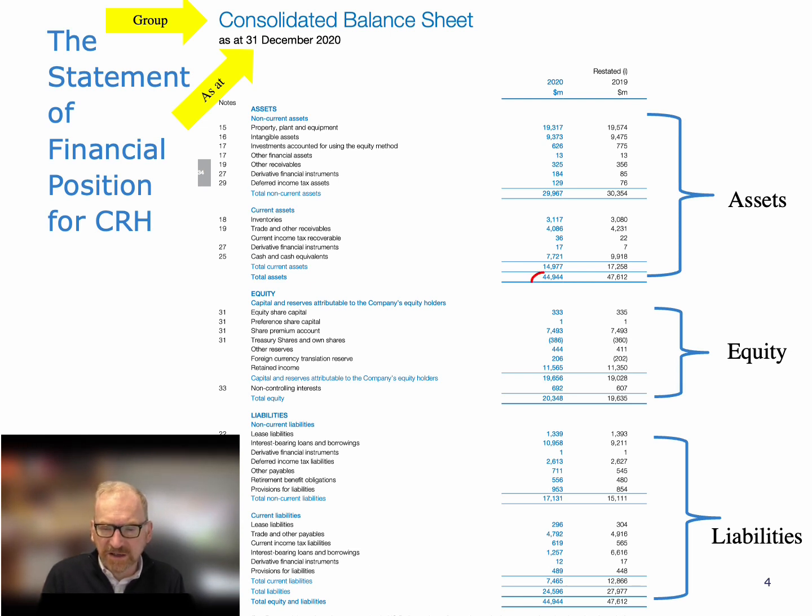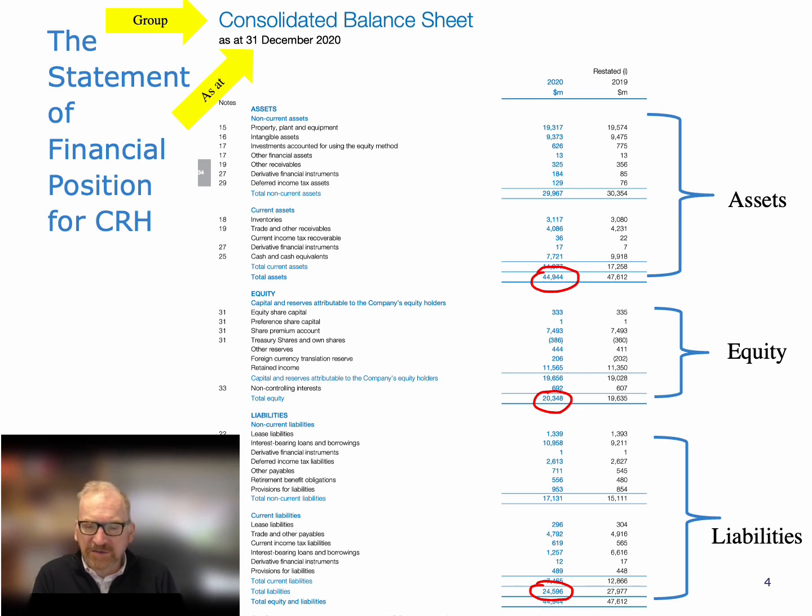You can see the total assets here are 44.9 billion, and the total liabilities are 24.5 billion, and the difference between assets and liabilities are the equity items, 20.3 billion.